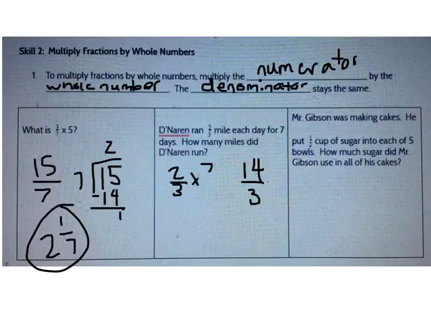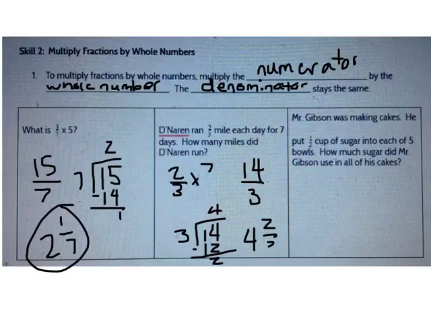Go ahead and change that into a mixed number. Now, let's see how you did. When I divide 14 by 3, 3 goes into 14 4 times. 4 times 3 is 12, with 2 left over. So the answer is 4 and 2/3 miles.